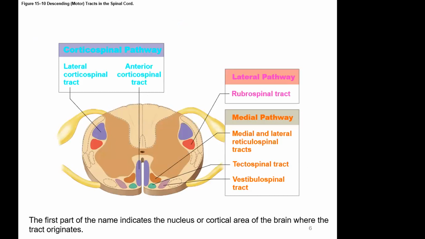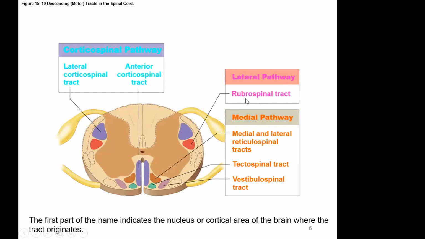Okay, if you want, on your spinal cord drawing, you can feel free to draw these in. So here's where they would be in regards to your descending pathways. Obviously, the name is going to tell you a lot. The first part of the name I put down here can indicate either the nucleus or the cortical area of the brain where the tract originates. So corticospinal is obviously cortex to the spinal cord, whereas something like rubrospinal, that's going to be in the red nucleus, rubro meaning red.